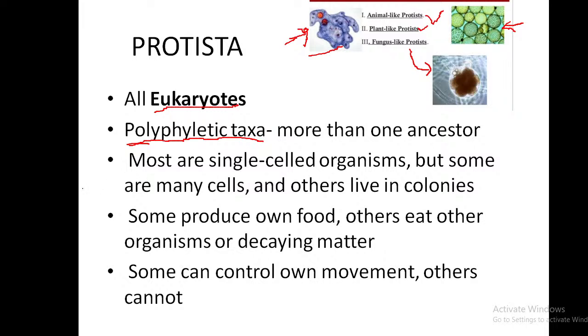That is why they are called polyphyletic. So two characters are: first, eukaryote, and second, polyphyletic.